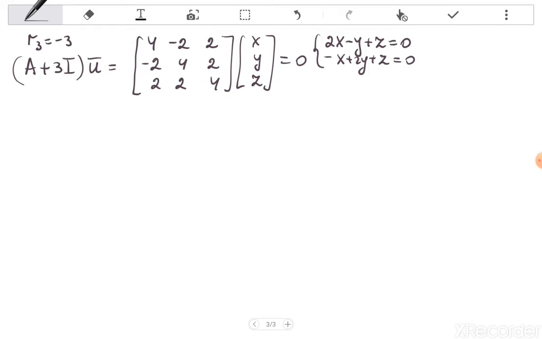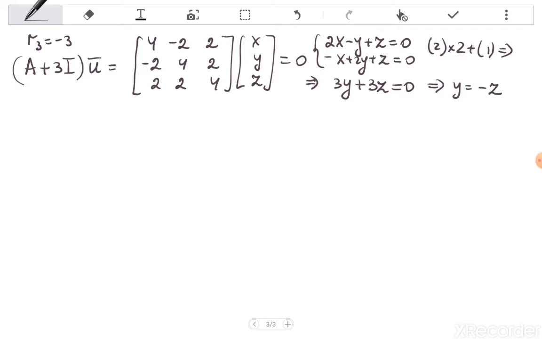How can we find something from here? Let's say we multiply the second equation by 2 and add it to the first one, then we will get rid of x, and we get 3y plus 3z is 0, and so y is minus z.